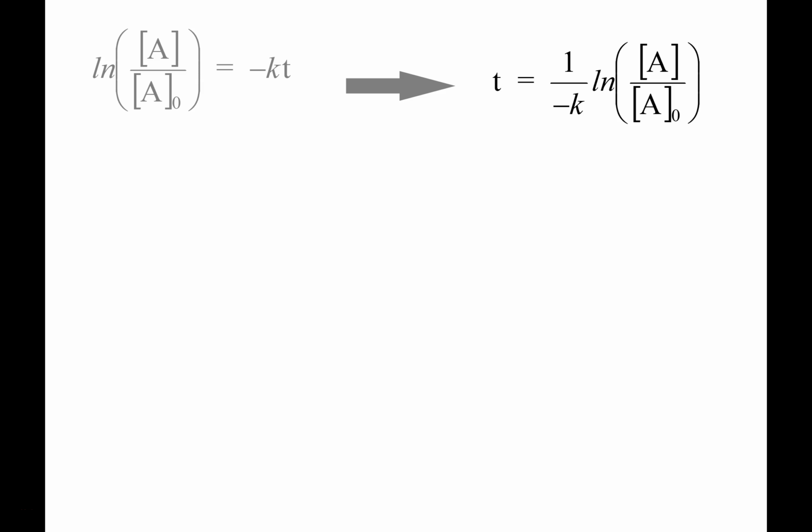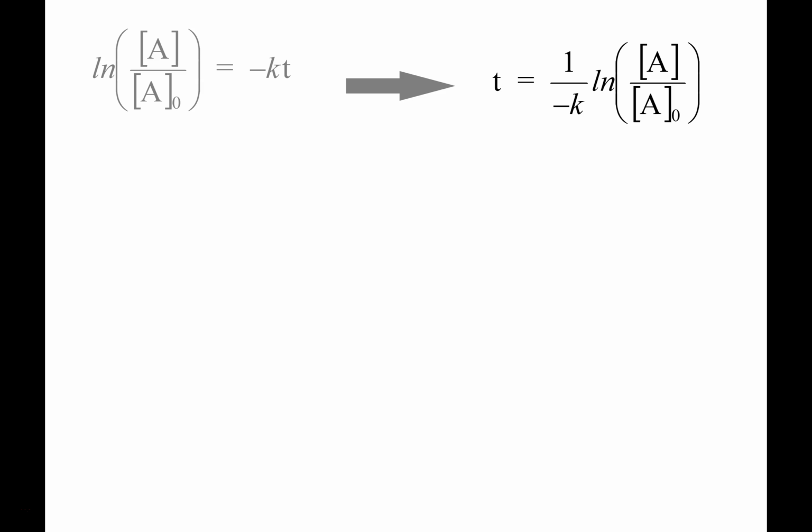That's the ratio of what A is at time t divided by what A is as it started out. I have some hints at the end for different types of problems you can run into, especially with first order.